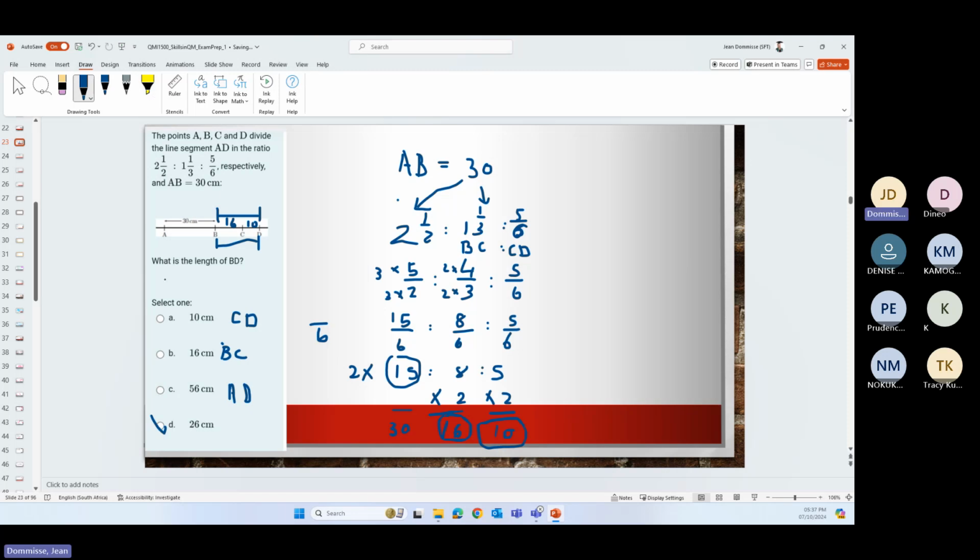Okay, so this one was a ratio question, but they need to give you at least some information to be able to, when you get to the fractions, use that extra information. So they need to at least give you a length of one of these to be able to use that. Okay, so that was a ratio question.